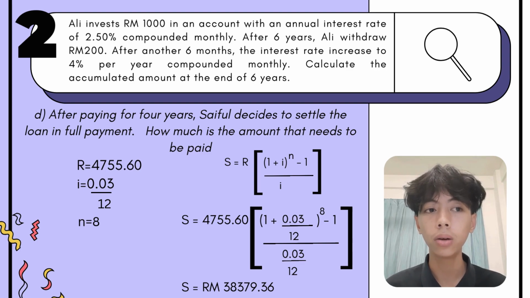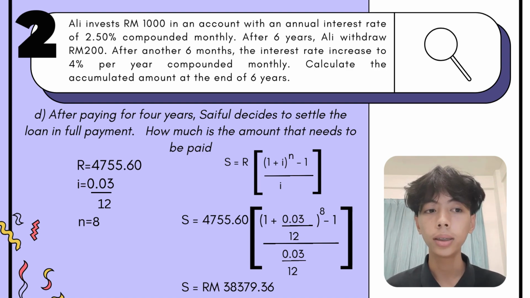For question D, the question asks to find the amount that needs to be paid if Saiful decides to settle the loan in full payment. The suitable formula to solve this question is S equals R bracket, in bracket 1 plus i power of n, minus 1, divided again by i. Our R is 4,755 ringgit 60 cent. Our i is 0.03 divided by 12 and our n is 8.